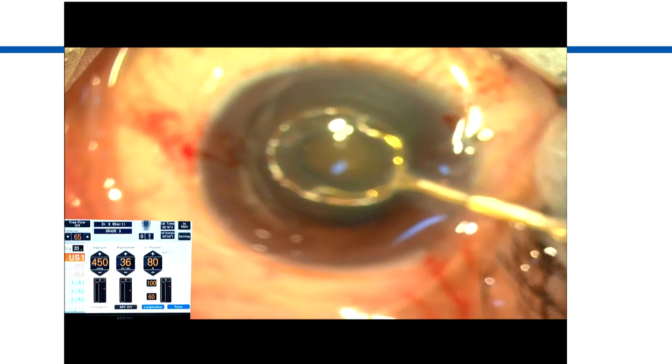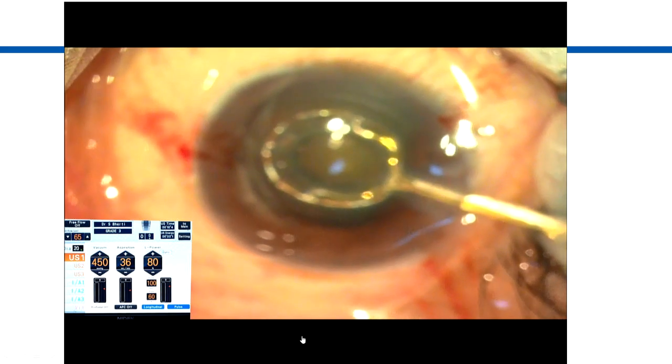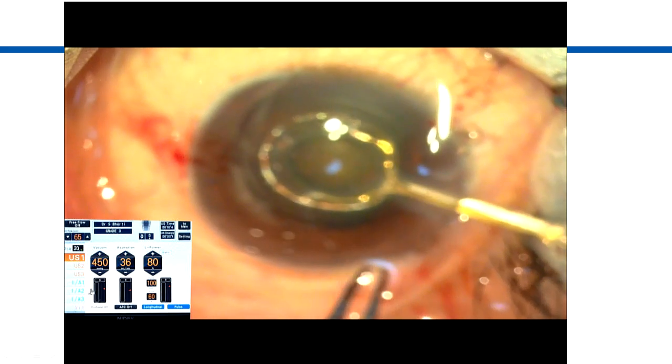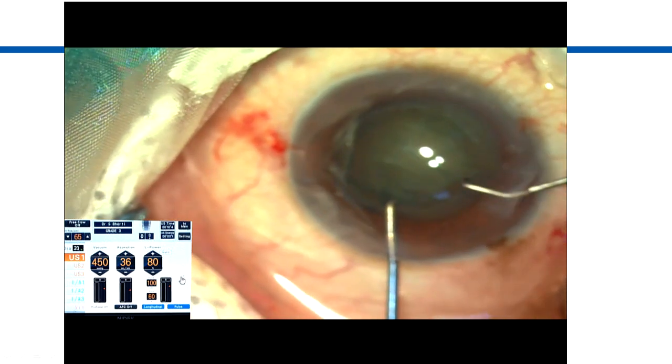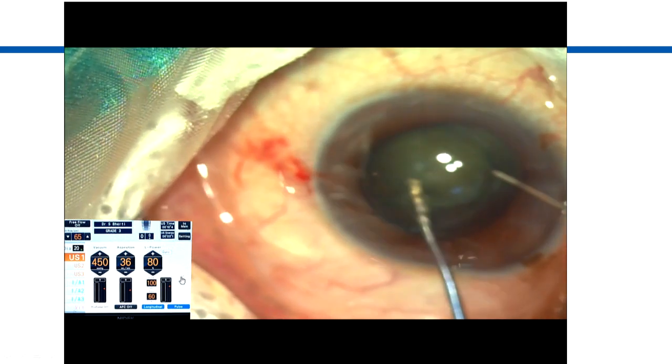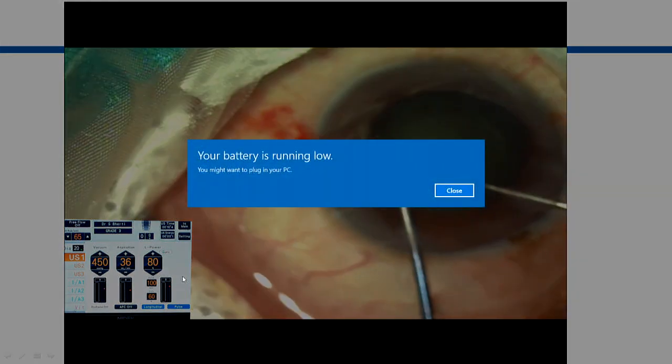This is my case with the system, NIDAC system, and here you can see the parameters which I am using, and for the sake of demonstration I am using, okay.